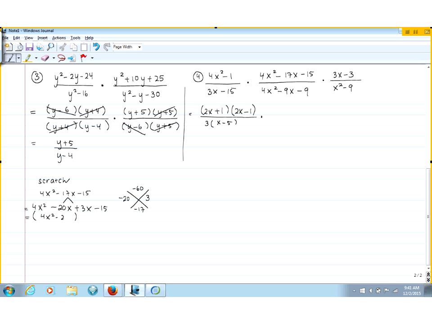So group the first term: 4x squared minus 20x, plus, remember the plus is outside the second grouping, parentheses 3x minus 15. What comes out of my first group? 4x times x minus 5, plus 3 times x minus 5.